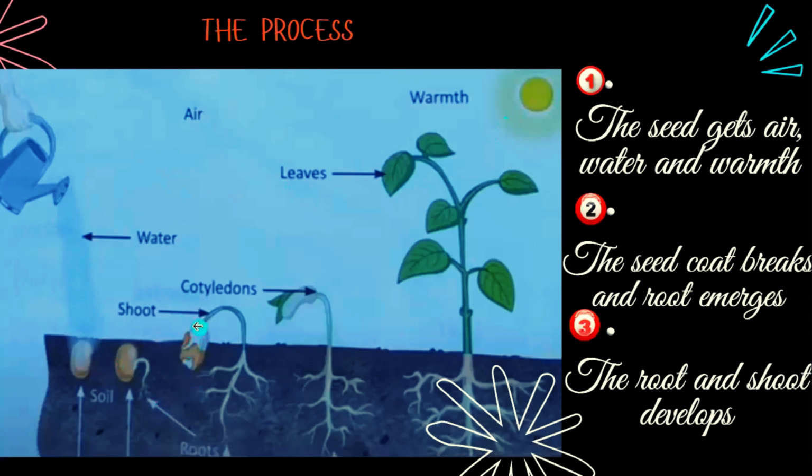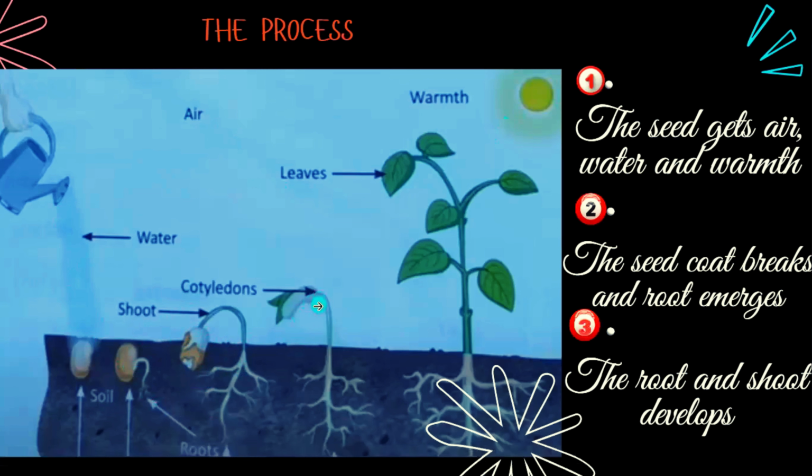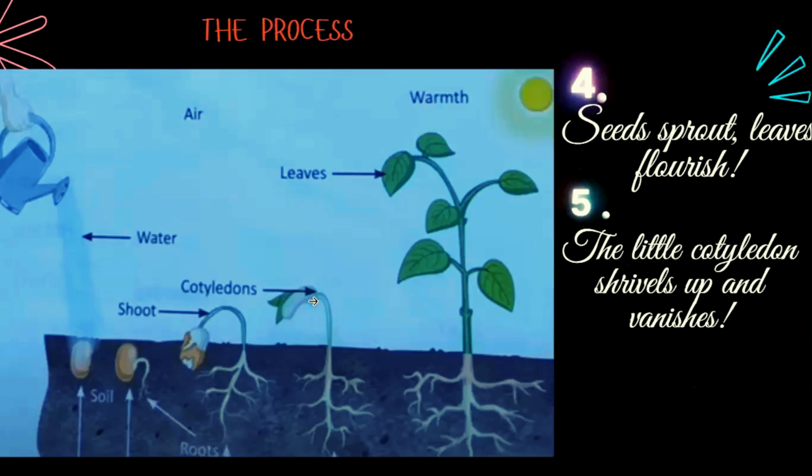Firstly, this is the seed coat. You can see the seed coat. It breaks out sometimes, and what happens? The root becomes larger and it emerges. Then this is the cotyledon, right? You can see what happens.